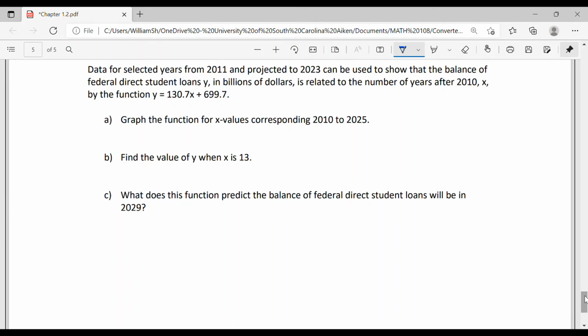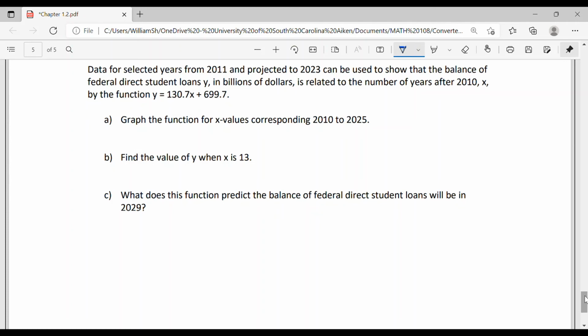Okay, so we are going to go on to the next question, which says data for selected years from 2011 and projected to 2023 can be used to show that the balance of the federal direct student loans y in billions of dollars is related to the number of years after 2010 x by the function y equals 130.7x plus 699.7.